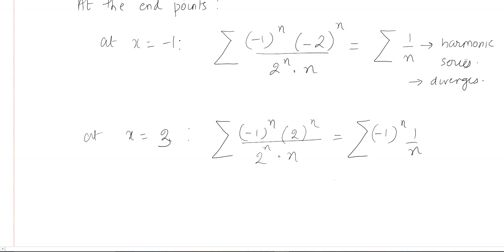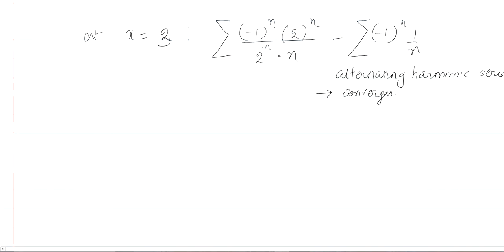Now this is an alternating harmonic series, which we know converges. It converges conditionally, but it converges. So therefore, the interval of convergence is minus 1 less than x less than or equal to 3. All right, so that's the second part of the problem.